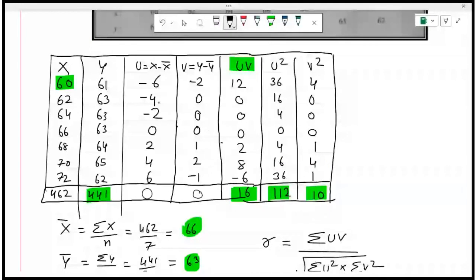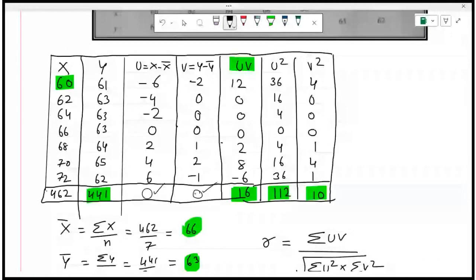And if you see the lower values here, 6 and 4, 10 and 2, 12, plus 12 minus 12, the answer is 0. So here you can check whether you found the correct mean or not, whether you found x bar correctly or not, whether you found y bar correctly or not. This should be 0 here. Sum of u and sum of v should always be 0. This is a half-step check.